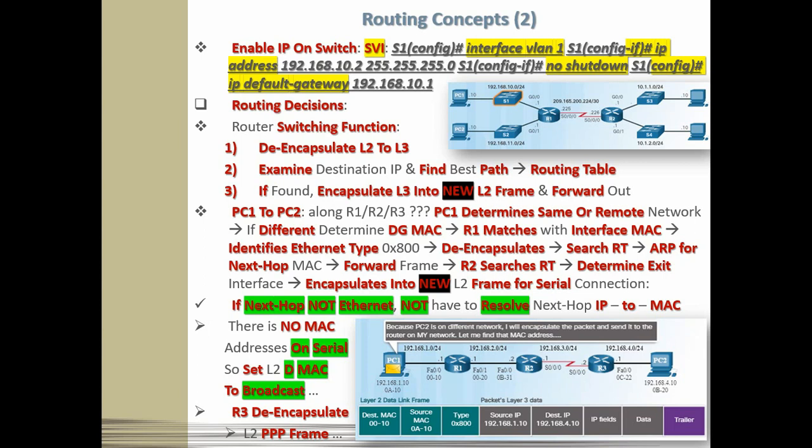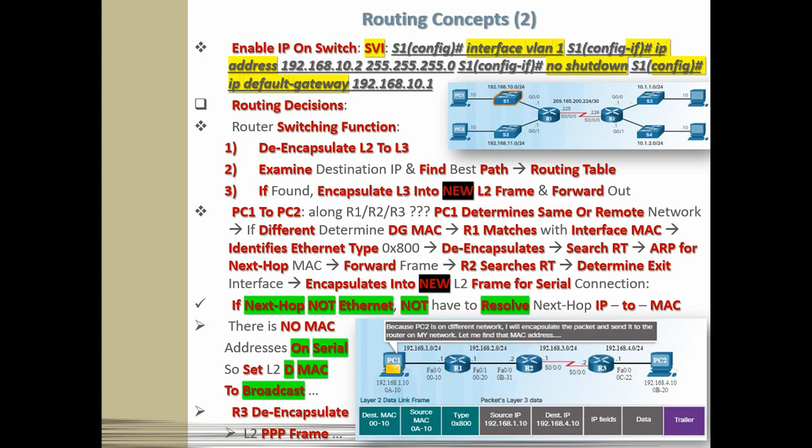So once again to recap, because the exit interface is not Ethernet, R2 does not have to resolve next hop IP address with the destination MAC address because there is no MAC address defined on serial cables.